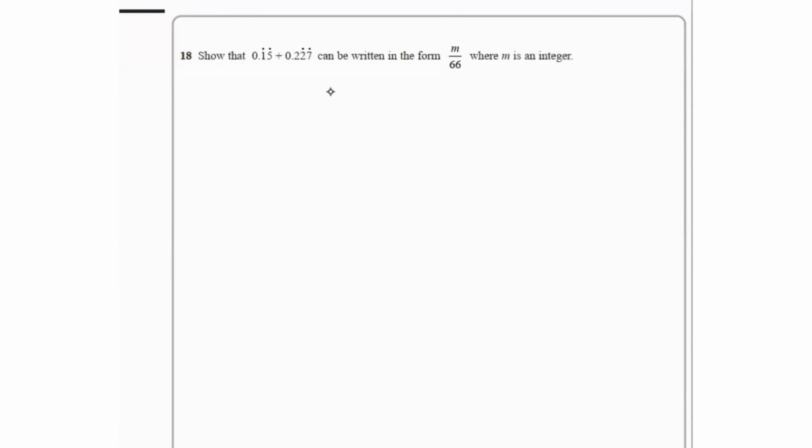Show that 0.15 recurring plus 0.227 recurring can be written in the form m over 66, where m is an integer. So 0.15 recurring is basically 0.15, 15, and so on.